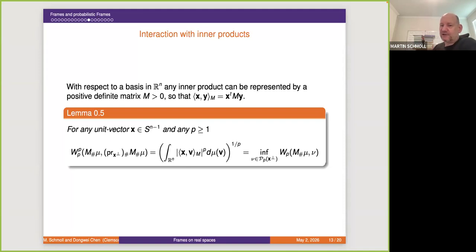And then you typically have also Riemannian metrics. And this little lemma here, it's not even a lemma, I would call it a proposition. This tells you that these p-Wasserstein distances are working well with a metric tensor M, so with an inner product on a manifold, or on some vector bundle on a manifold.